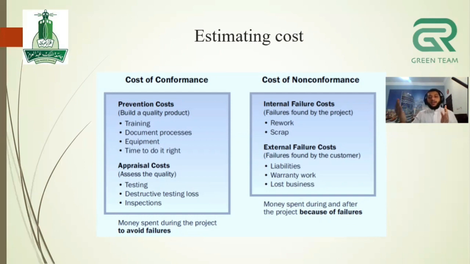And on the other side, if you did not apply the quality in your projects, you will pay for that. You will have rework and scraps while you do the project, and maintenance by the end of the project. So this is what we mean by cost of quality.